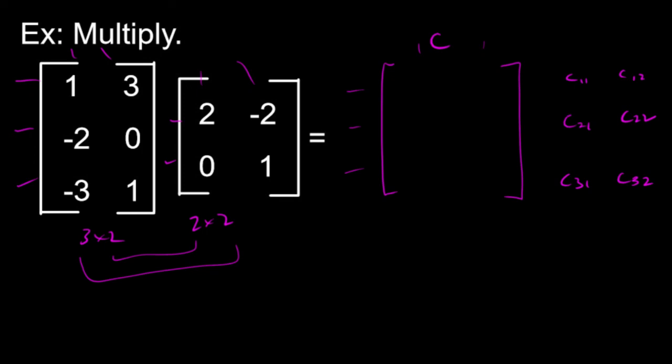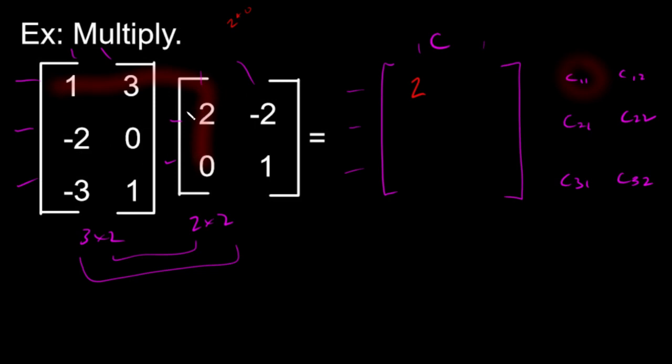So C11 here is going to be first row, first column. So that would be 1 times 2, which is 2, plus 3 times 0, which is 0, and so this would be 2. Then you move on. I'm going to go to 2, 1. That's row 2, column 1.